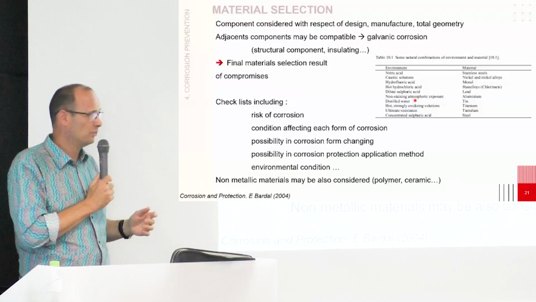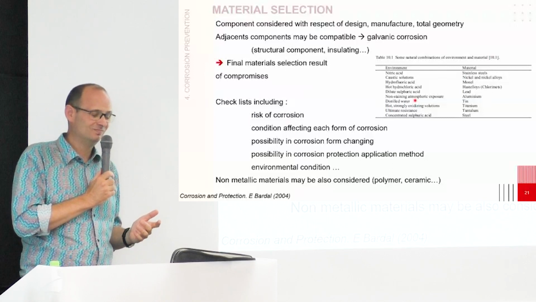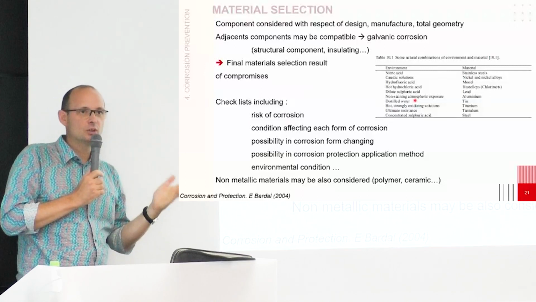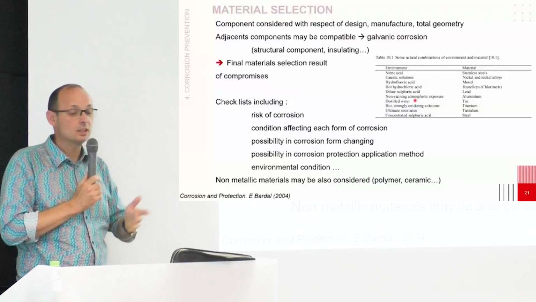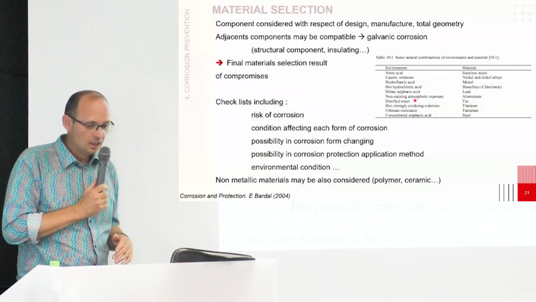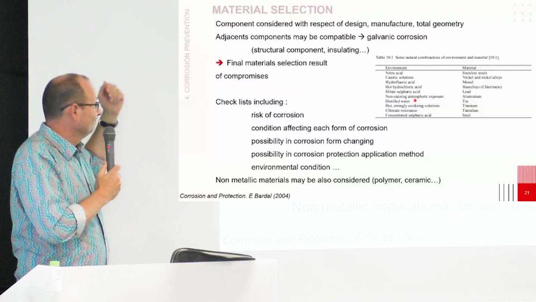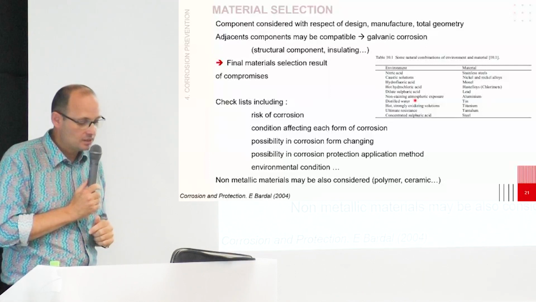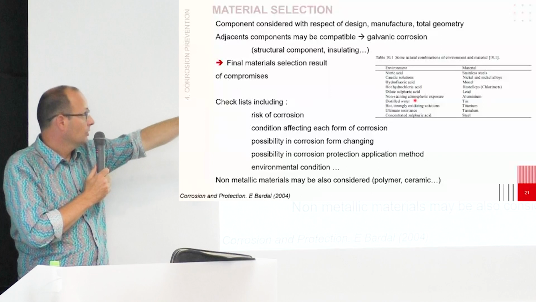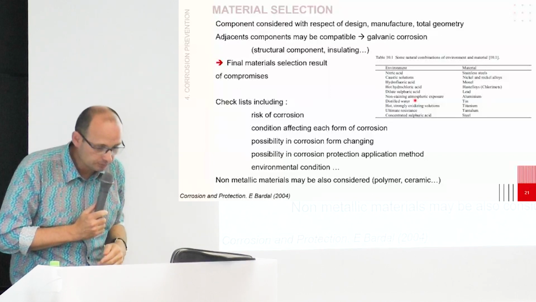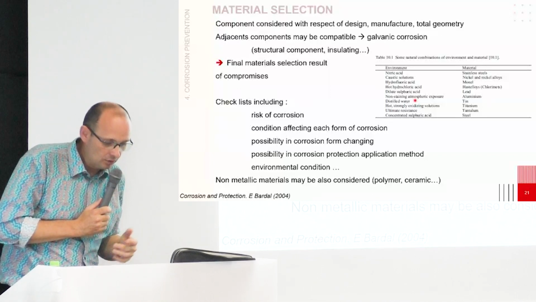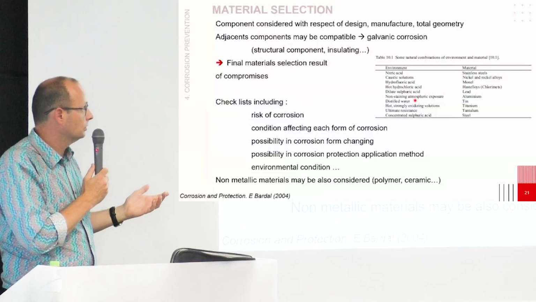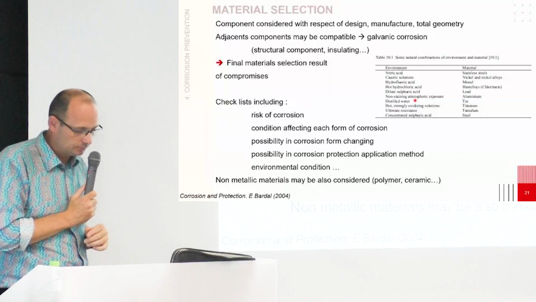So should I expect some galvanic corrosion? Think about my small example about copper and nickel, copper and zinc last time. So at the end, I look for a compromise. And of course, the compromise should also take care of the combination of environment and materials.